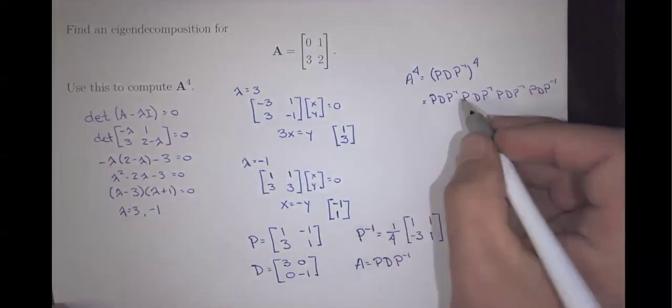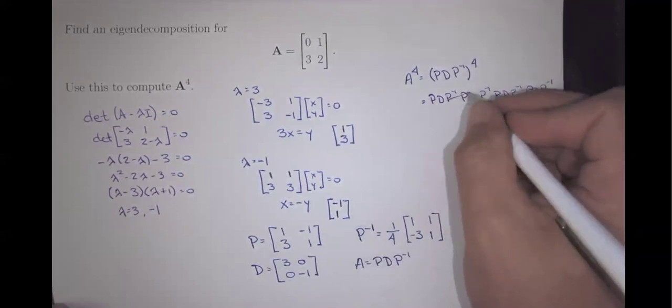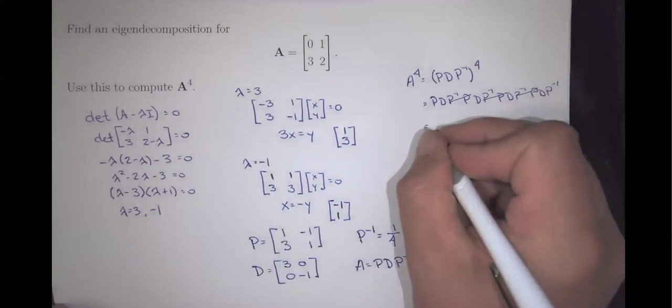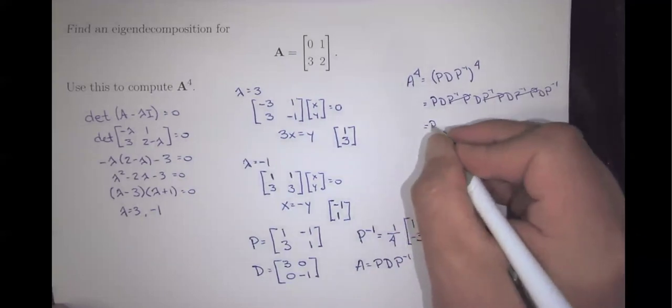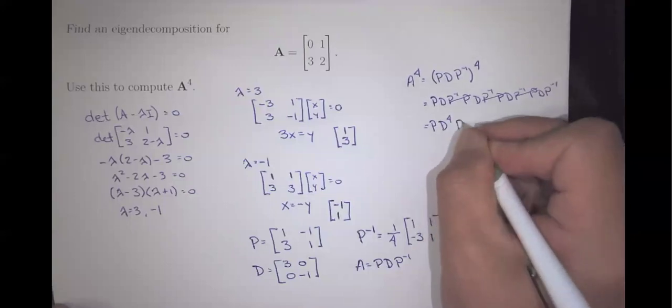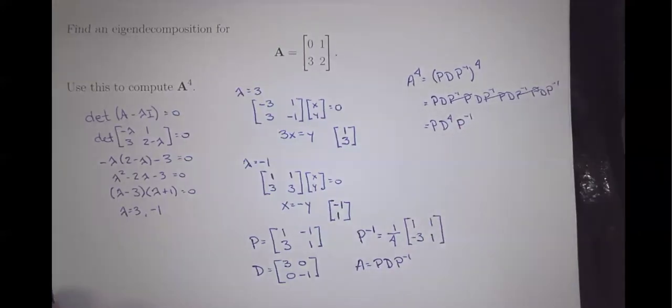We notice that the P inverse P's are going to cancel everywhere. So there, there, and there. What we're left with after we cancel them is P D to the power of 4 P inverse.